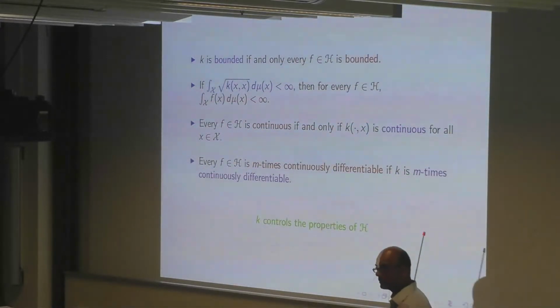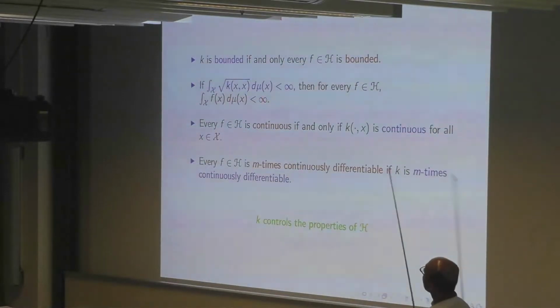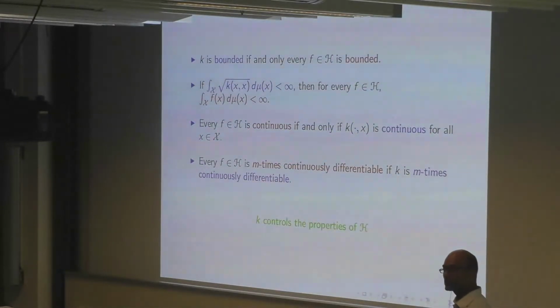So this slide is pretty important. Okay. I'm not giving many details. I'm totally summarizing the theorems from Steinwart's book. In many of these theorems, proving one direction is simple, proving the other direction is not at all simple. Okay. But the crux of the slide is that the properties of the kernel completely control the properties of the Hilbert space.